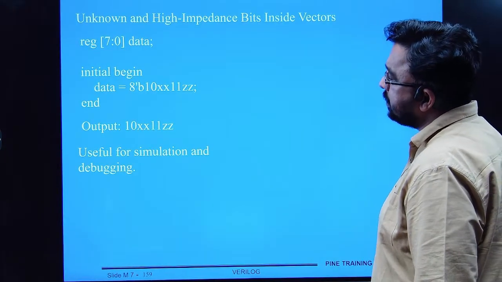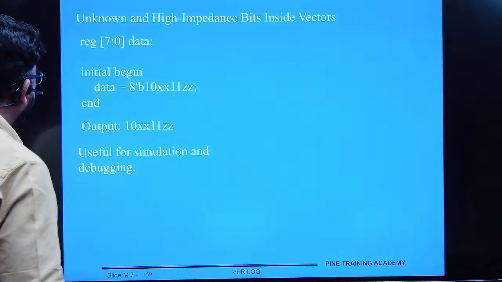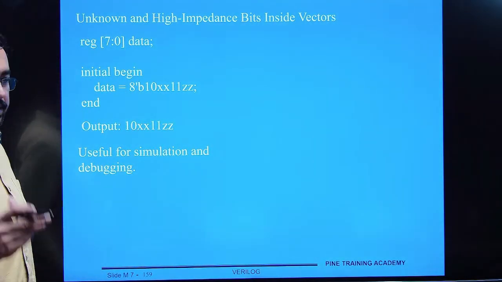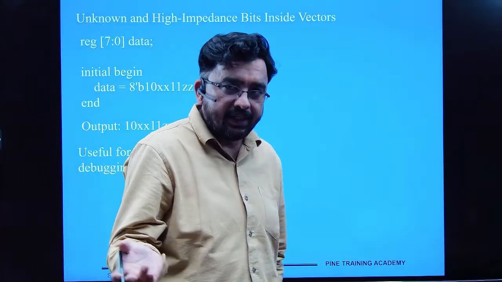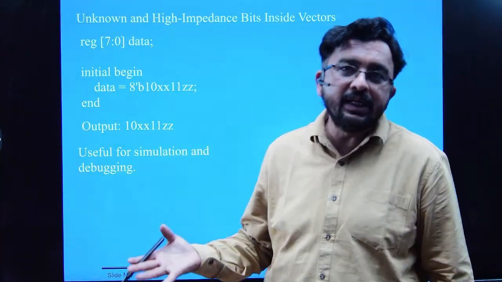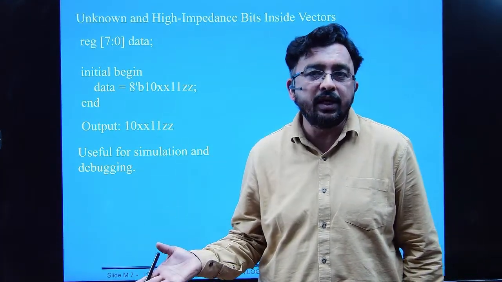High impedance, unknown and high impedance. Basically, at the start we studied the importance of X and Z. X is your unknown and Z is your high impedance.